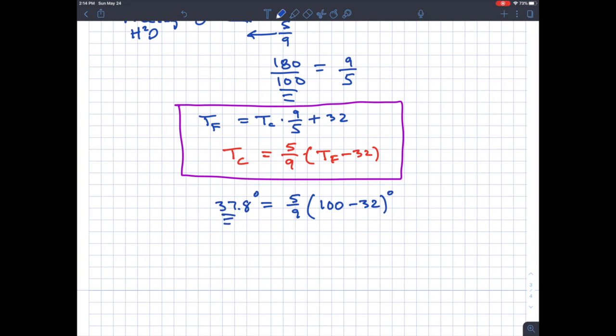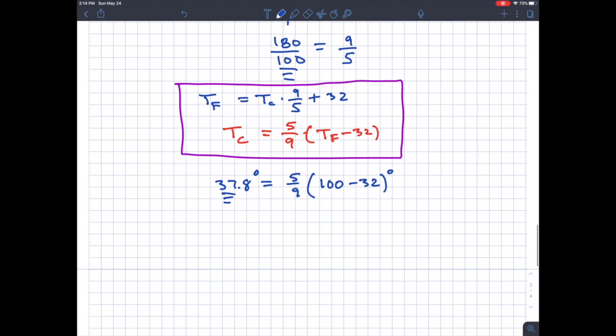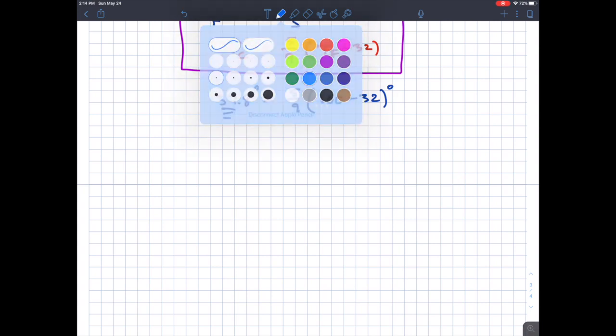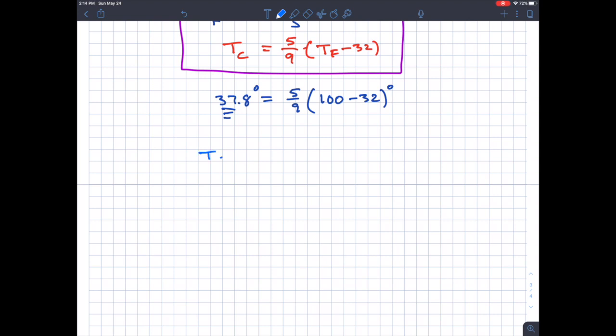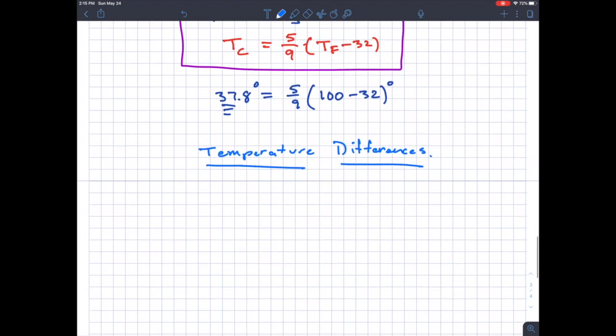Okay, one last word of caution that I want to tell you about. It turns out sometimes what you're looking at when you apply engineering formulas is temperature differences. Okay, so with a temperature difference, it's tempting to just plug into one of the formulas.